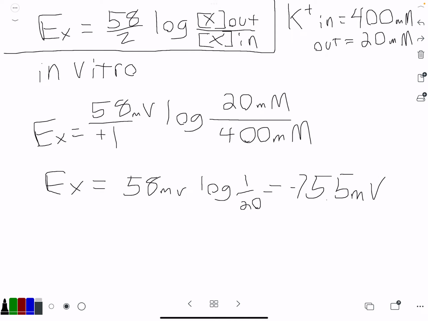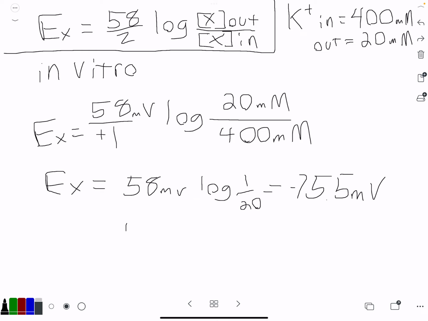millivolts. And this is because it's negative, because if you do 1 divided by 20, which is the same as 20 divided by 400, it's 0.05, and anything below 1, the log of anything less than 1, gives you a negative number.